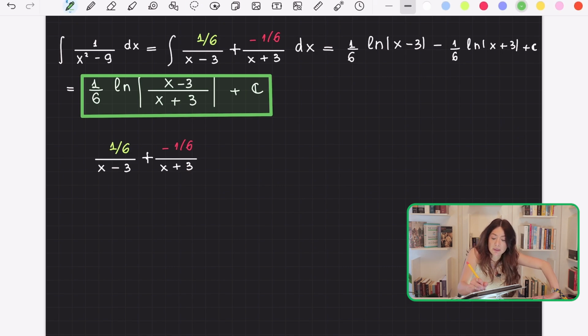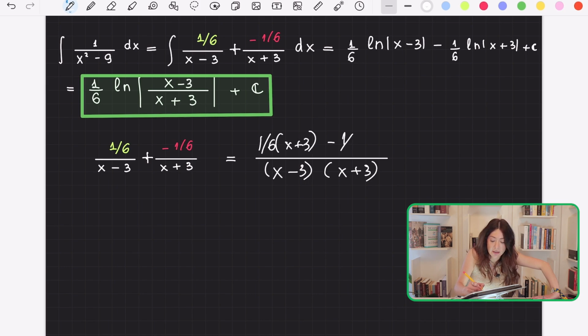Imagine if we don't get 1 in the denominator. Of course, we are going to get it, but imagine, that would be so funny. Okay, so 1 over 6 times x plus 3 minus 1 over 6 x minus 3. Okay, let's do step by step, not make a mistake.